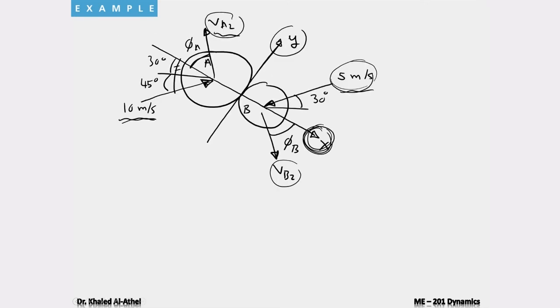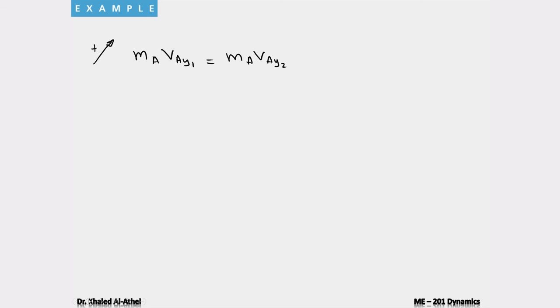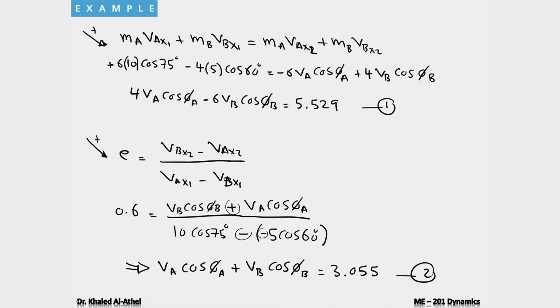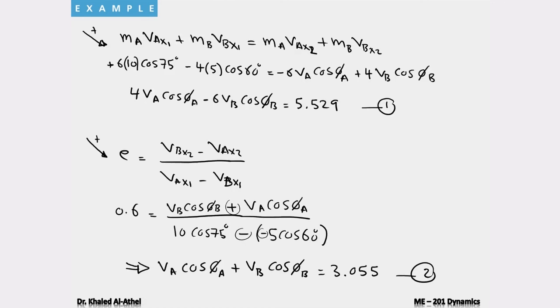Now this is basically MA VA1. If you look at the direction, initially this gives me a positive component in the y-axis. So it's going to be plus. So it's going to be the mass, which is 6, times the velocity, which is 10. And the component is sine 75. Because this angle from here to here is 75, and you need the y component, so you take the sine of that angle.